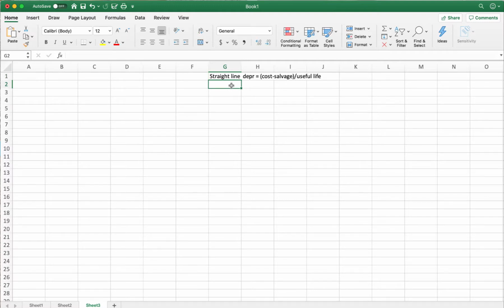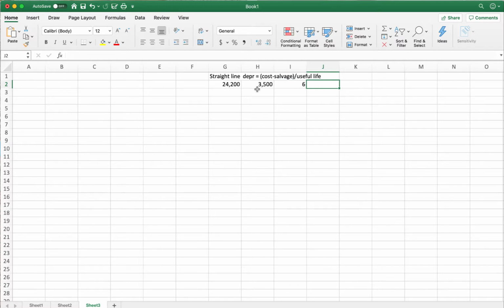Okay, so what is the cost of this vehicle? Well, they told us that it originally cost $24,200. They tell us that the salvage value is expected to be $3,500. And they tell us that the useful life is 6 years. Okay?